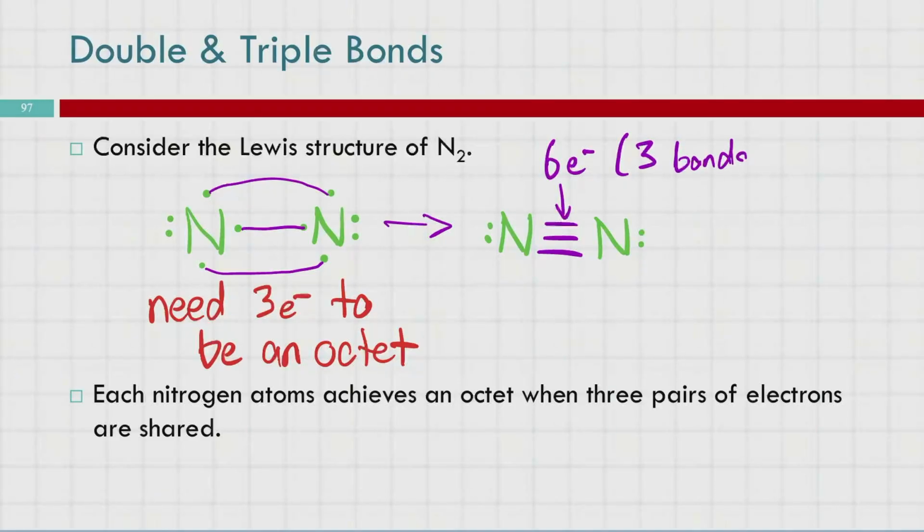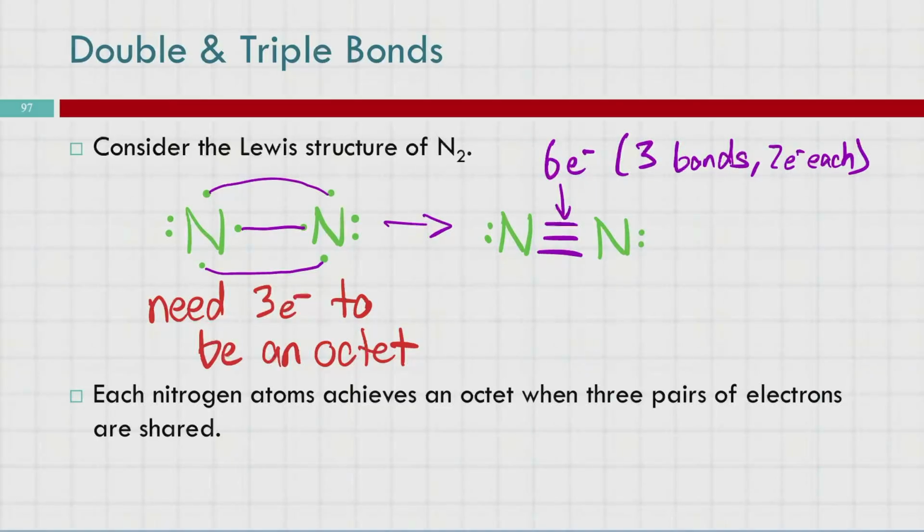Three bonds, 2 electrons each. And since they're sharing these electrons, it counts for the left nitrogen, it also counts for the right nitrogen. They also have 2 electrons that are by themselves that only count for them.